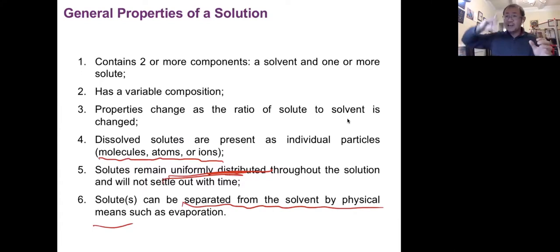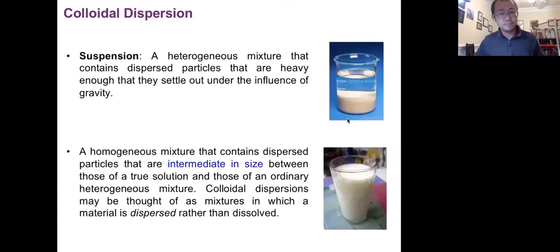But between a solution and a suspension, between the smallest tiny particles and the big ones that will settle, there's something intermediate. Something intermediate means in a certain type of mixture, the particles are bigger than in a solution, but they're not so big that gravity will pull them down.